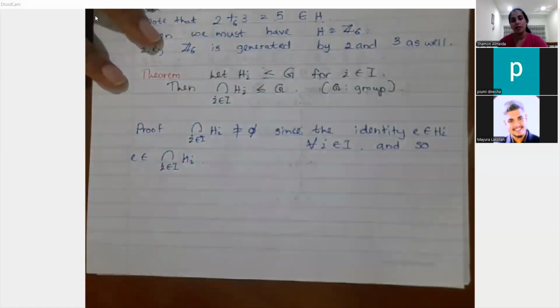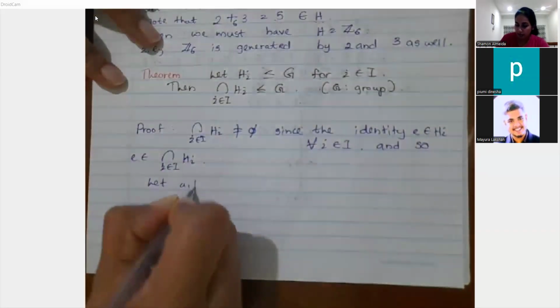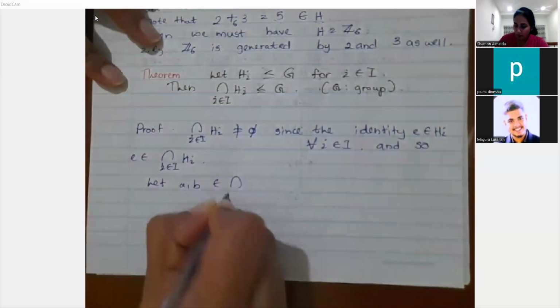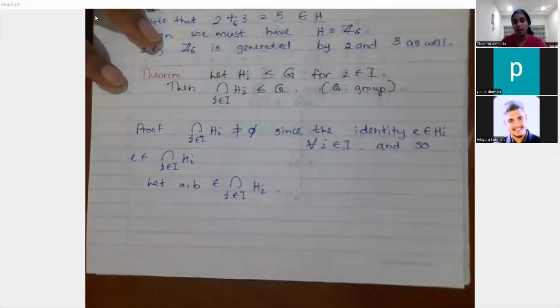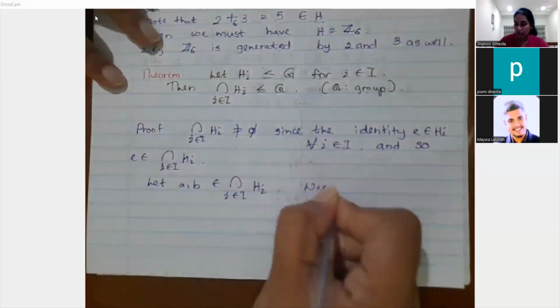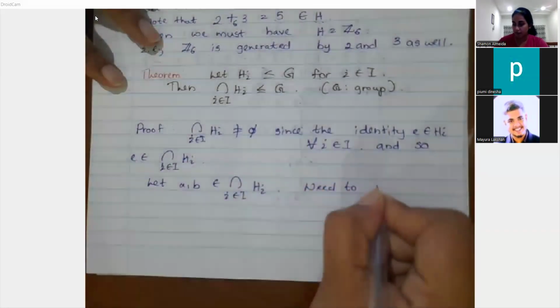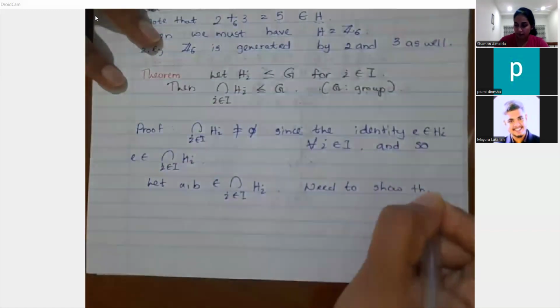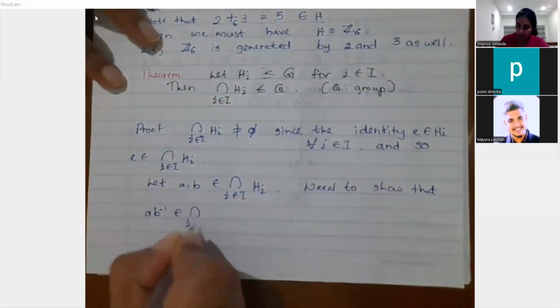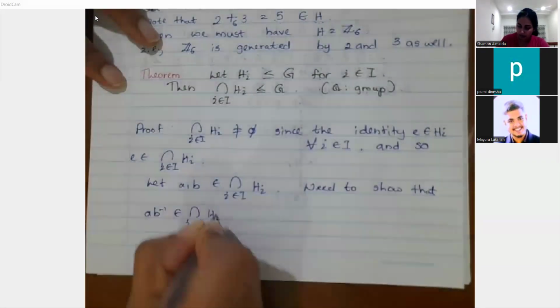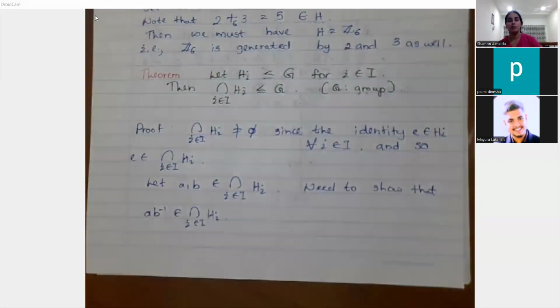Now to use the subgroup criterion, we are taking any two elements from the intersection. Let's take a, b, two elements from this intersection. Now we have to show that a b inverse is in this intersection. How do we do that?